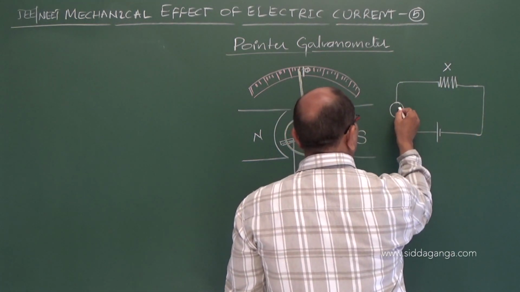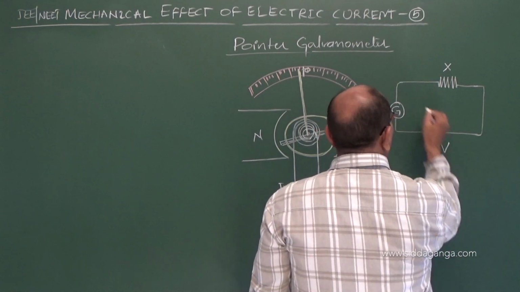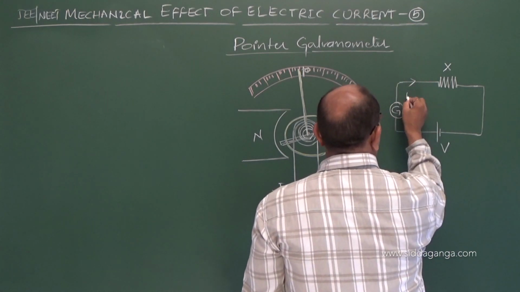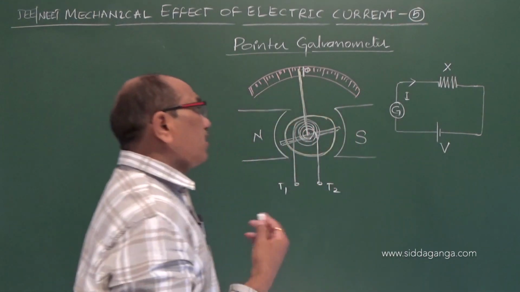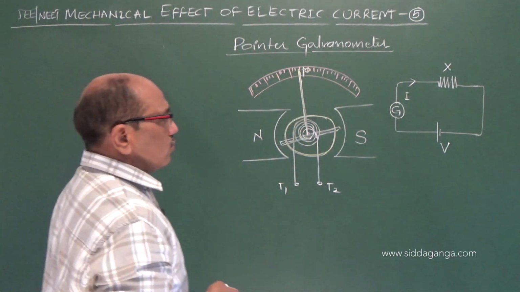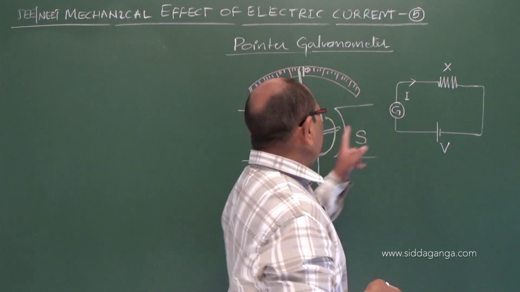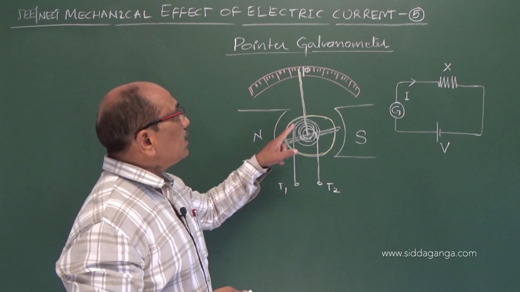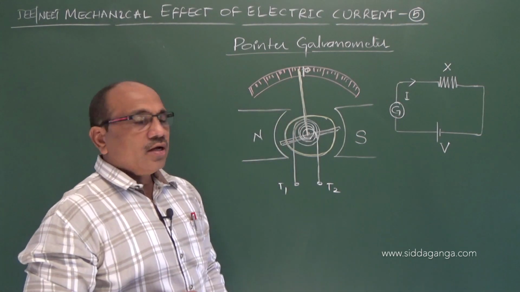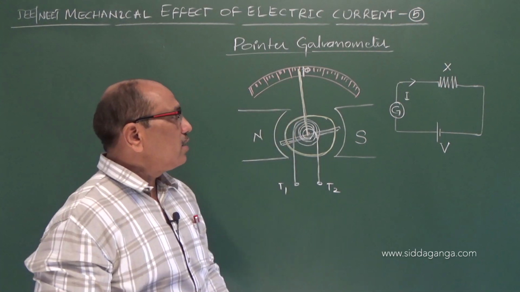If I connect this galvanometer for measurement of the current flowing in this circuit, what happens? Whenever I connect a galvanometer, the coil takes the current and shows the deflection, by which we measure the current.